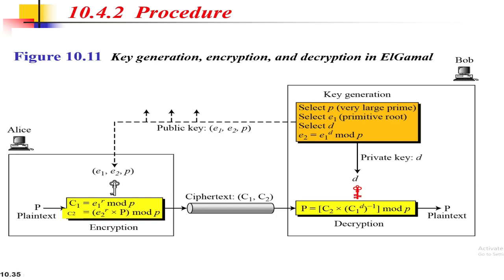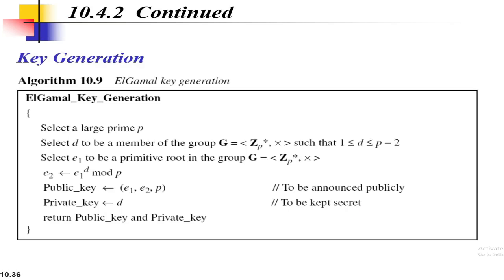So this is the key generation algorithm. As you can see, in the key generation algorithm, it first selects a large prime number P, then selects a private key D, which is a member of the group G, ZP star, and the value of D lies between 1 and P minus 2.